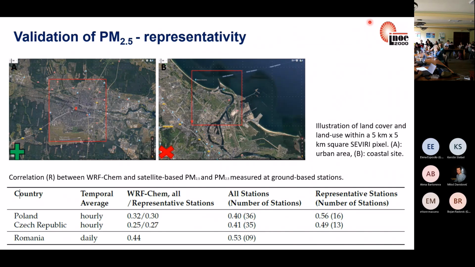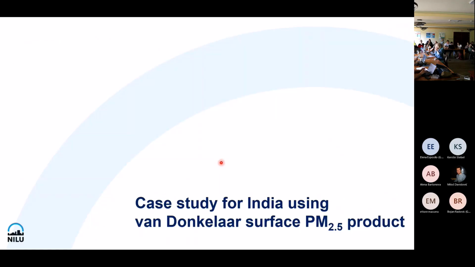The red one is the whole satellite pixel, and here it's mixed information where it didn't really work. But in total, I think their results were better than if they had just used a model, but they were still not very convincing.